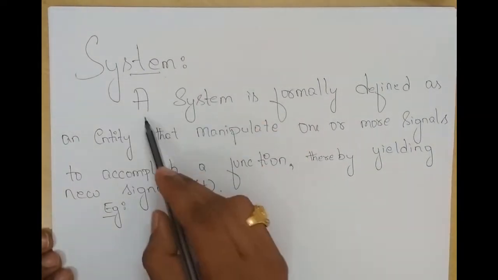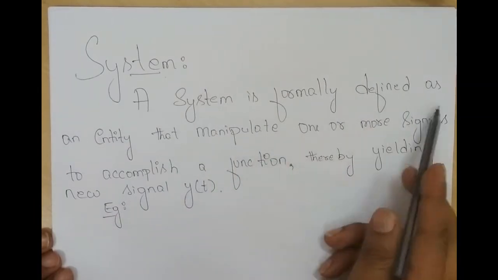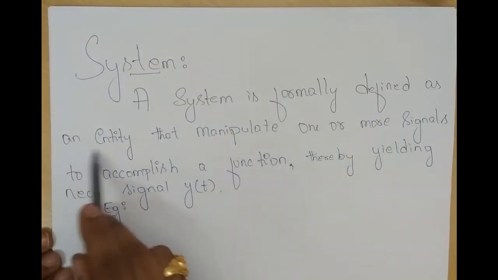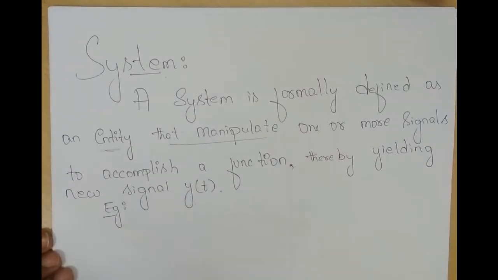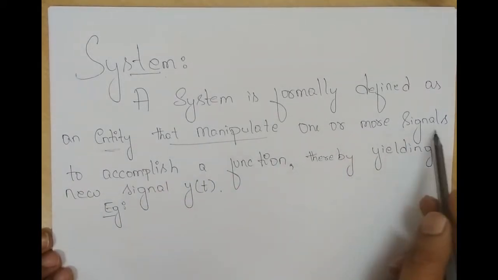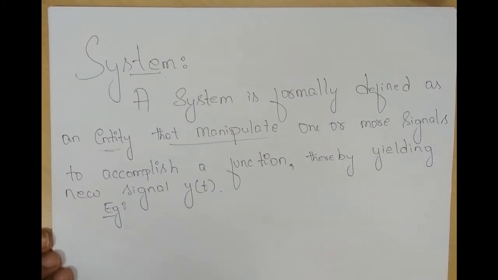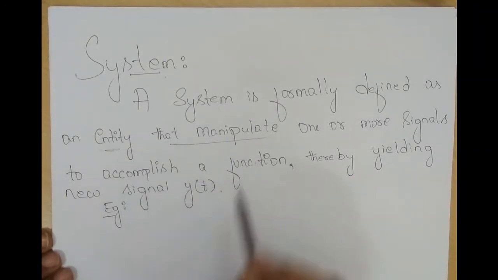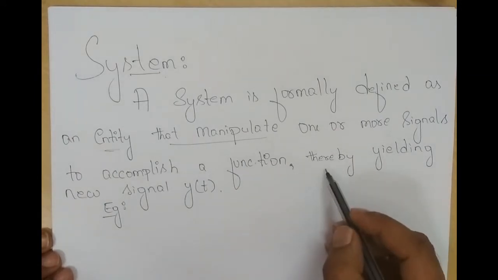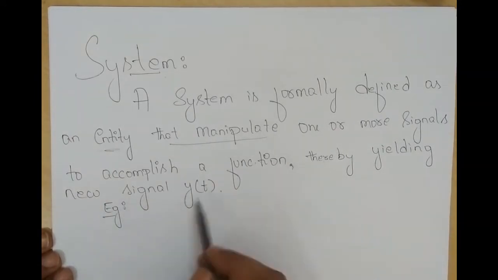What is a system? A system is formally defined as an entity that manipulates one or more signals to accomplish a function, and the accomplished function is the output y of t, thereby yielding a new signal y of t.